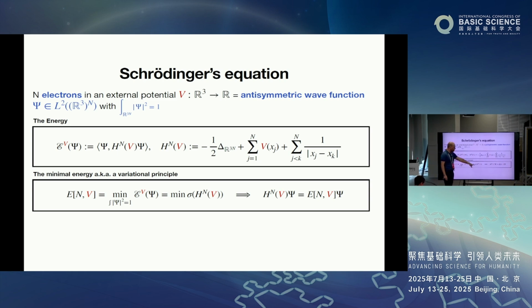Namely, you are computing the smallest eigenvalue of your Schrodinger operator, and this is the associated Schrodinger equation. All the talk will be based on this object E_N(V), and I will play with the two variables, sometimes seeing it as a function of N, and some other time as a function of V.